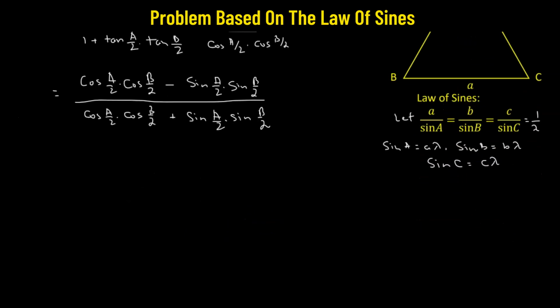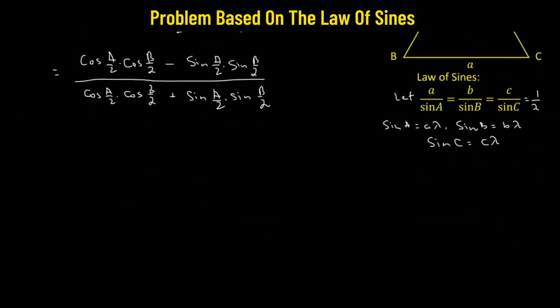Now the numerator and the denominator are both standard values: cosine of A over 2 times cosine of B over 2 minus sine of A over 2 times sine of B over 2. That is the expansion of cosine of A over 2 plus B over 2. And the denominator is the expansion of cosine of A over 2 minus B over 2.